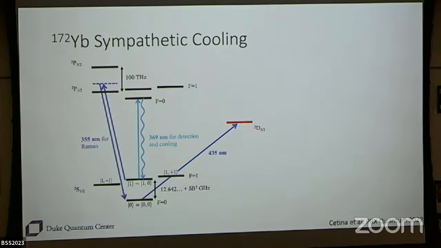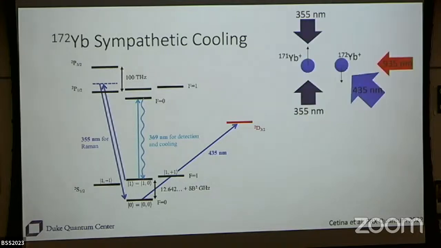And this is a narrow transition. And so we can selectively turn it on for 172s. So we trap our chain, put some 172s and some 171s together. The 171 is our qubit, and that has the Raman lasers. But then we also send in this 435 light that can talk to this 172.